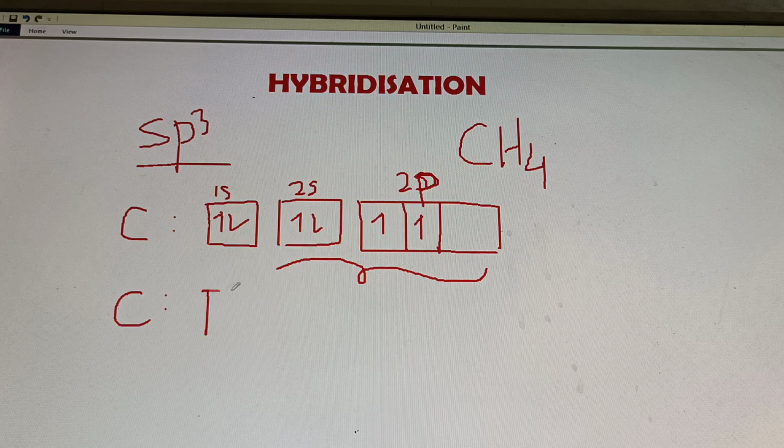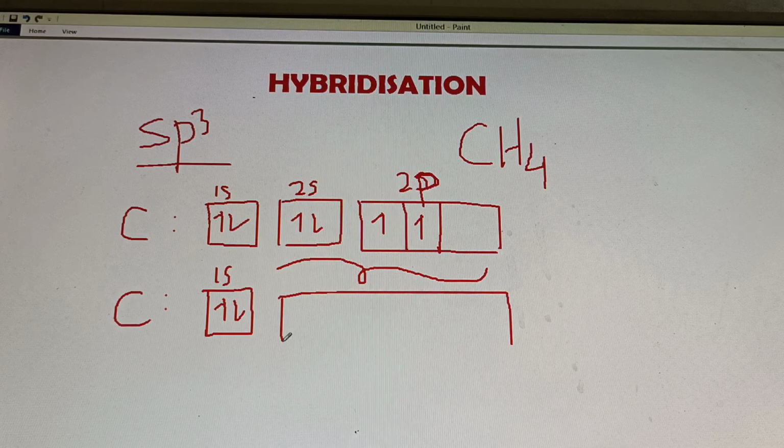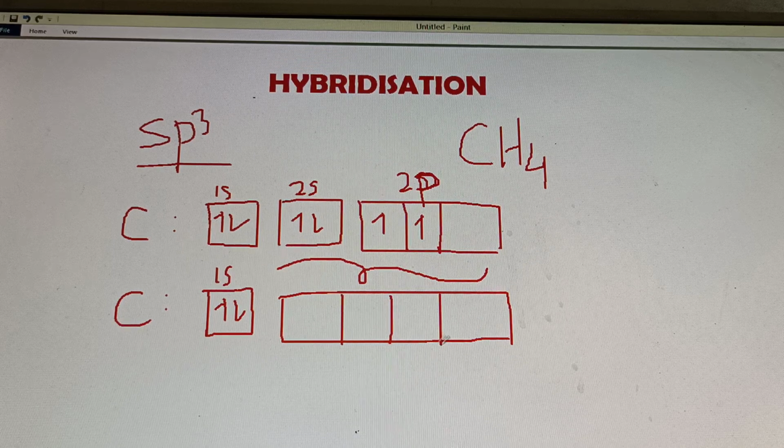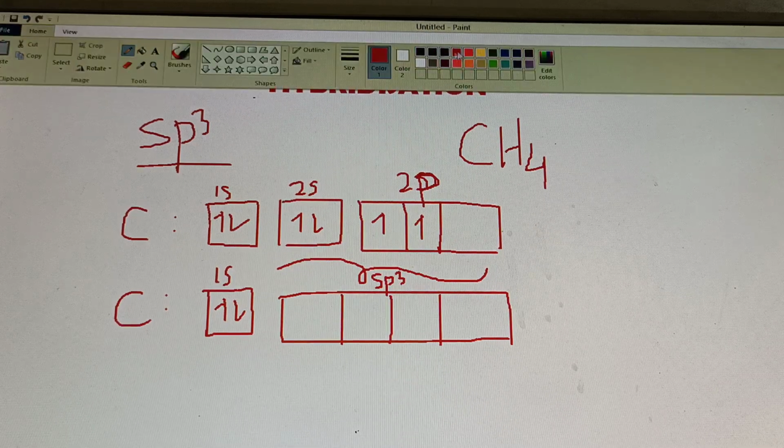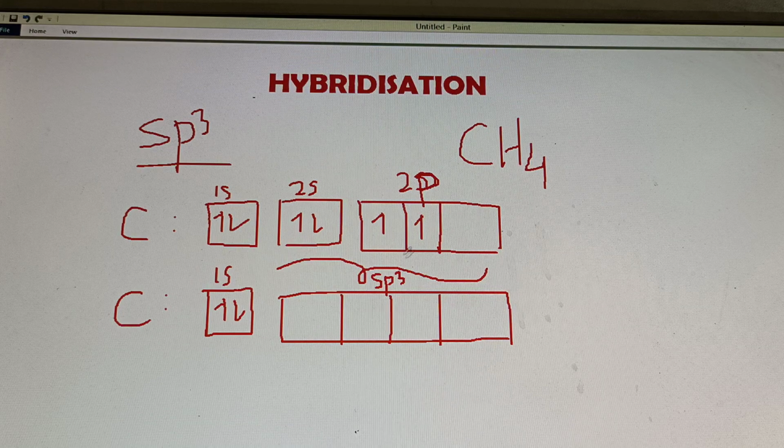After mixing, 1s will be unchanged, and here four sp3 hybrid orbitals will be formed. These are all sp3, having the same energy and same shape. Clear? How many electrons are there before hybridization? 1 2 3 4.